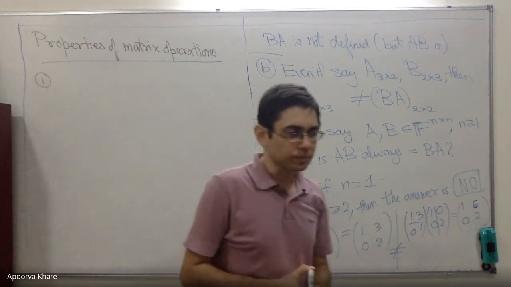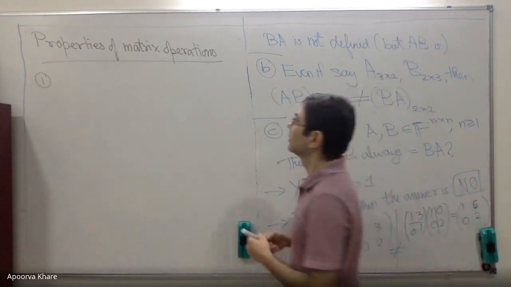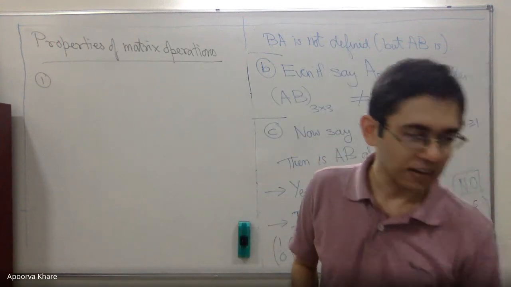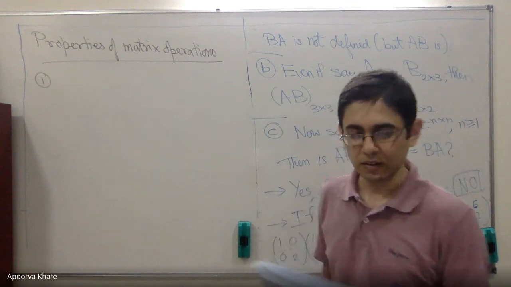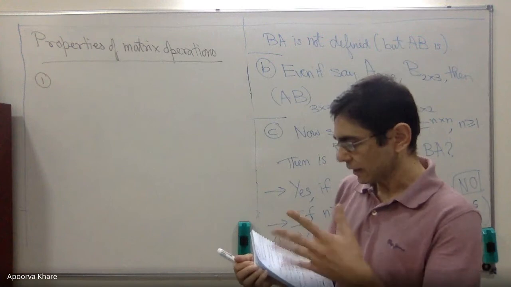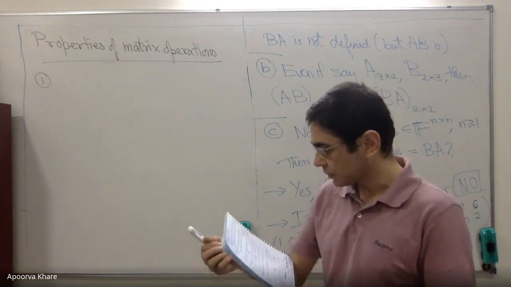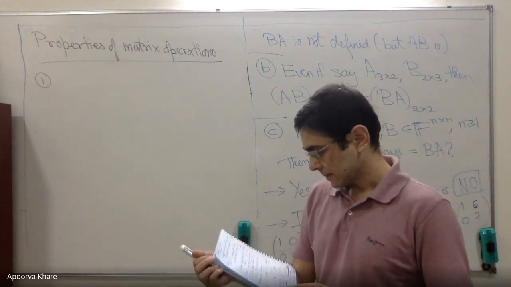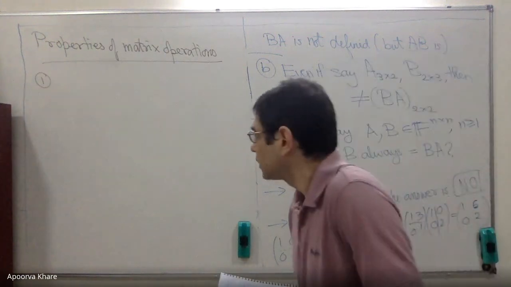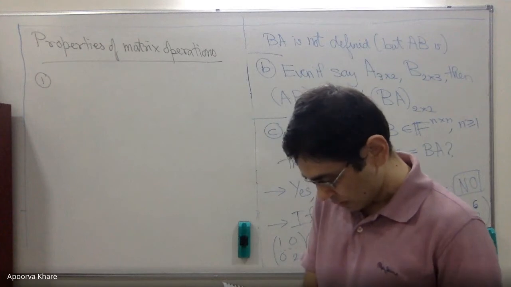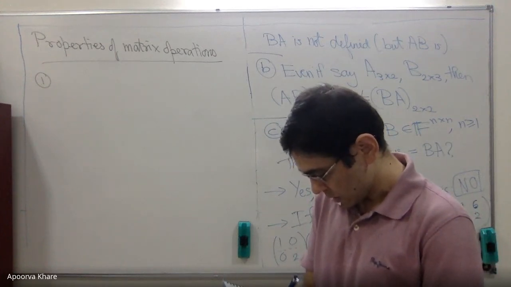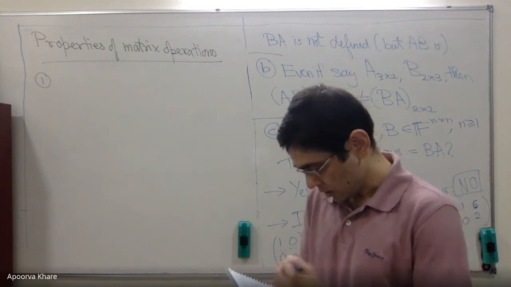So again, just a few simple properties, like addition is commutative. Fine. I'll give you a few properties. We'll write down the formal properties later on. One second, I should try to have a pen here.